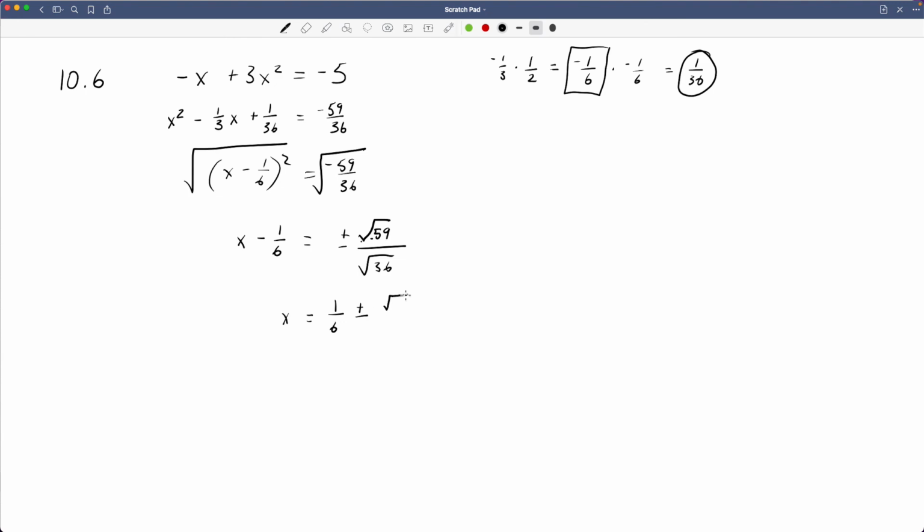So it's going to be the square root of 59i, and the square root of 36 is 6. And because it's an i, we can't combine these even though they're the same denominator. We're going to leave that just like it is. And that is our answer. X is equal to 1/6 plus or minus the square root of 59i divided by 6, or over 6.